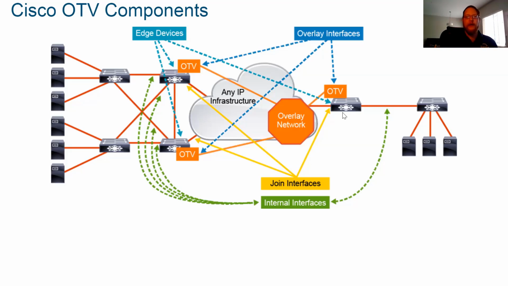The overlay interface is what we actually use to send the traffic to the end devices. The join interface is a logical interface tied to the physical one that's used to do the encapsulation and send those LSA updates. So the join interface is really what's doing the magic. The overlay interface is just that physical interface that we're specifying.